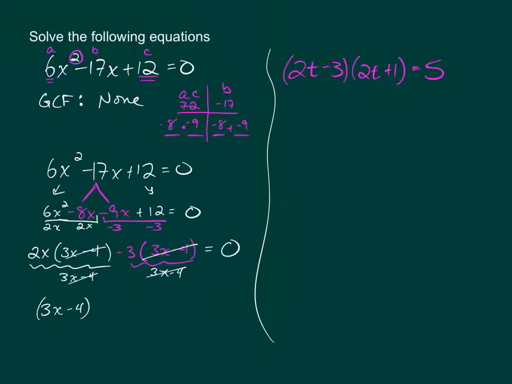What's left when we get rid of this 3x minus 4 is 2x minus 3. And that equals 0. So now that we've done all the factoring, we can actually go ahead and solve this. We can take each factor, so 3x minus 4 and 2x minus 3, and we can set each one individually equal to 0, and we can solve for x.